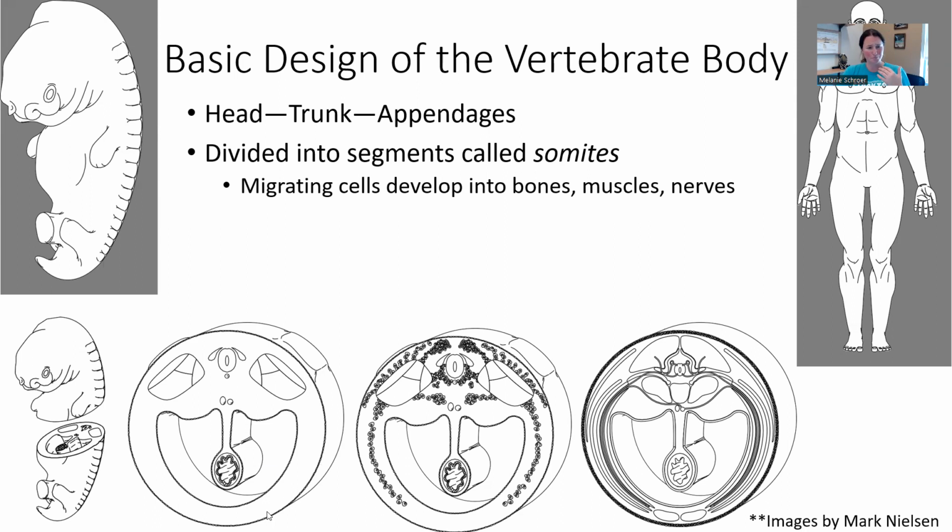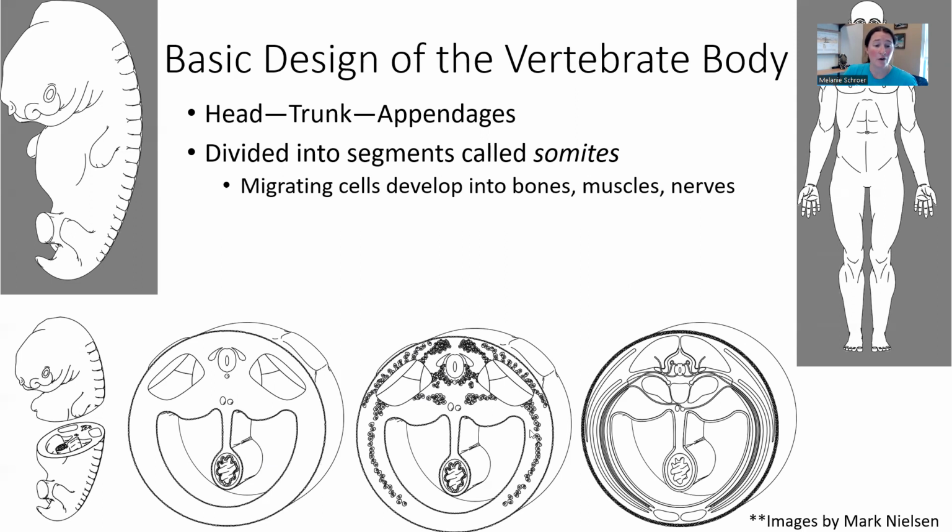What I want you to see is that there are a series of stem cells within the body wall that differentiate into bone tissue, muscle tissue, and nervous tissue, and they migrate out from essentially this space here on the dorsal side near the spinal cord.